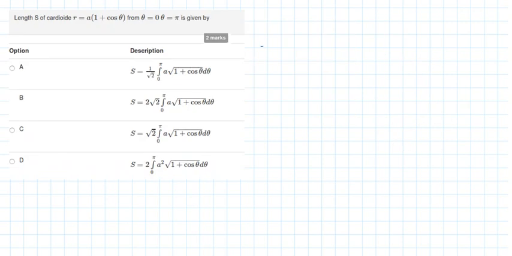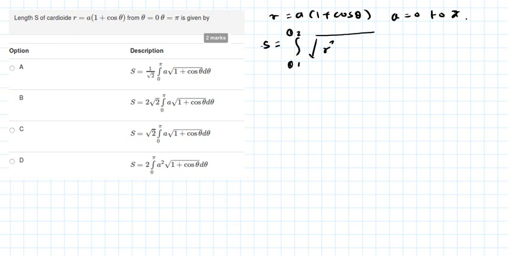Okay, next question. The length of the cardioid r equal to a into 1 plus cos theta from theta equal to 0 to theta equal to pi is given by. Any length of the cardioid or any polar curve is given by integration theta 1 to theta 2 under root r square plus dr by d theta square d theta.